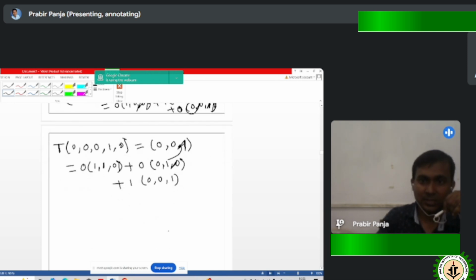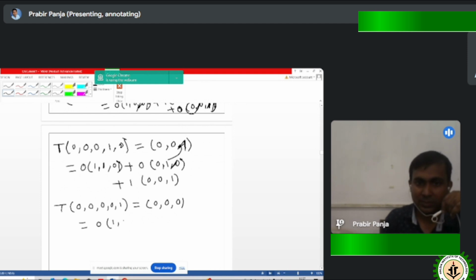Now we'll take the last element from the basis of R5, that is 0 0 0 0 1. Under this transformation, its image will be 0 0 0. Now we can write it as 0 into 1 0 0 plus 0 into 0 1 0 plus 0 into 0 0 1.